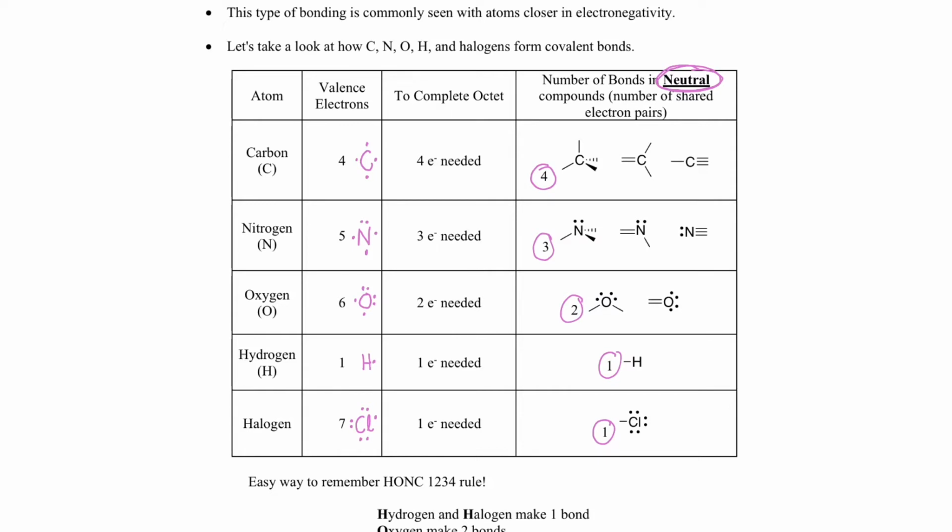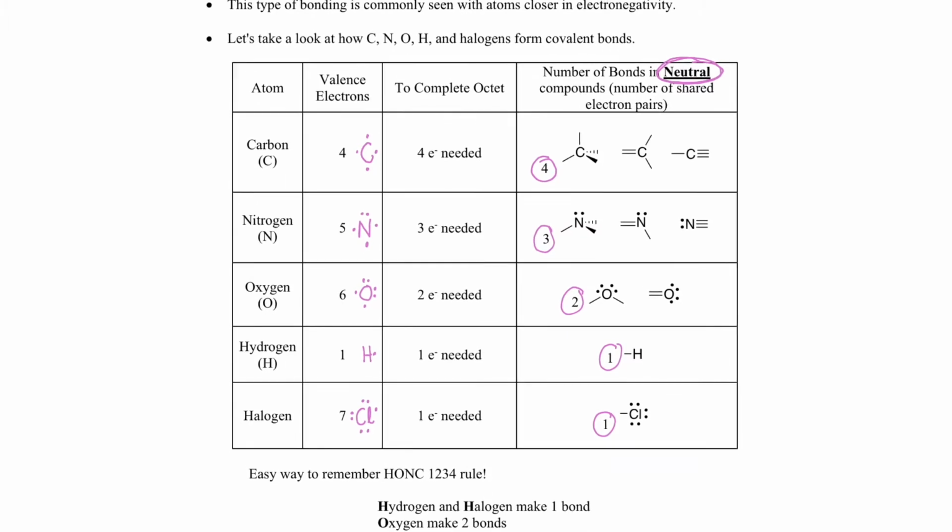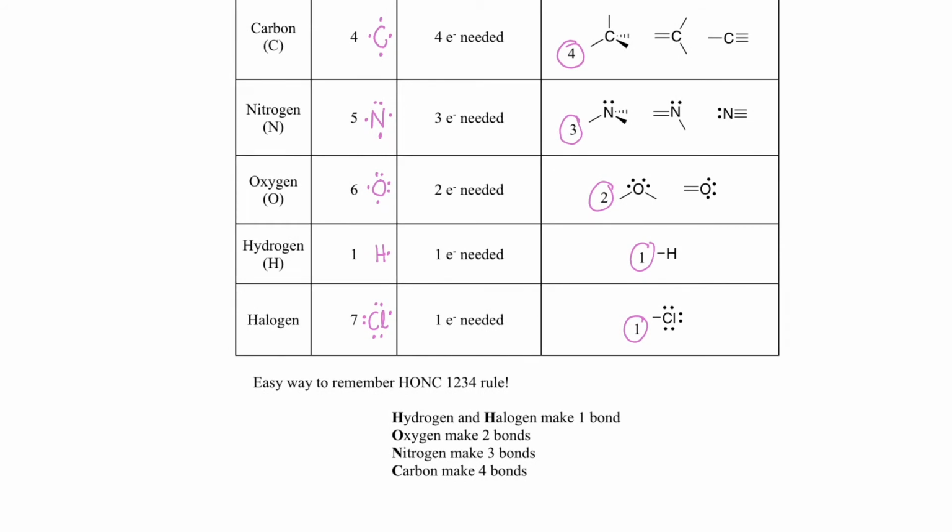So this entire table can be distilled into the HONC 1, 2, 3, 4 rule. H in HONC refers to hydrogens and halogens, so they can only make 1 bond. Oxygen makes 2 bonds, nitrogen 3 bonds, and carbon 4 bonds, which is why it's called the HONC 1, 2, 3, 4 rule.